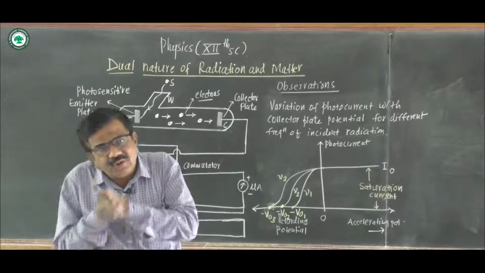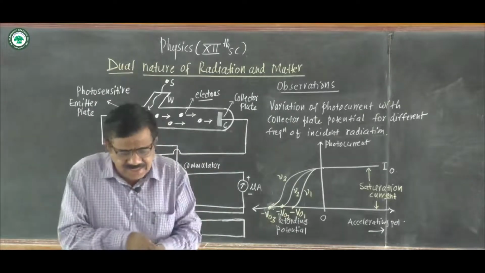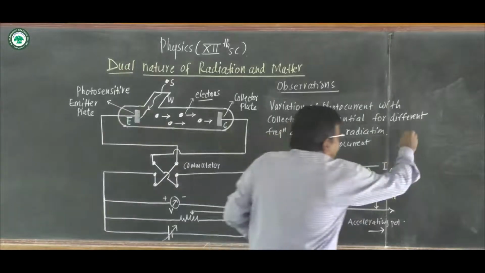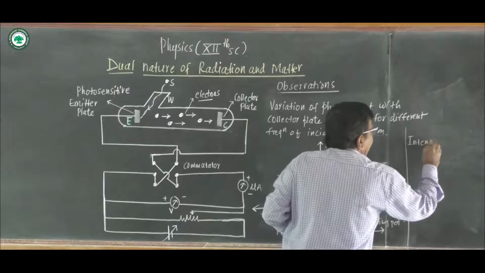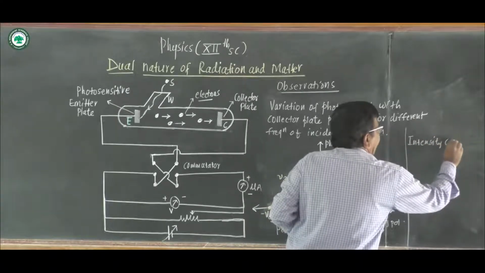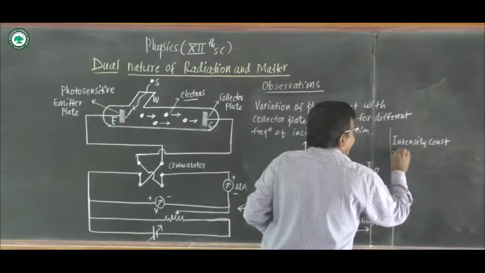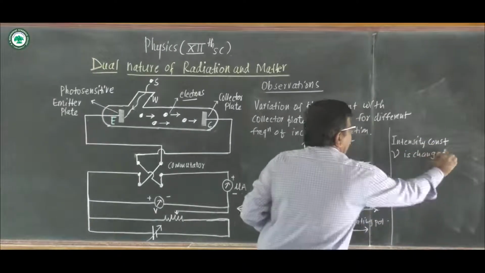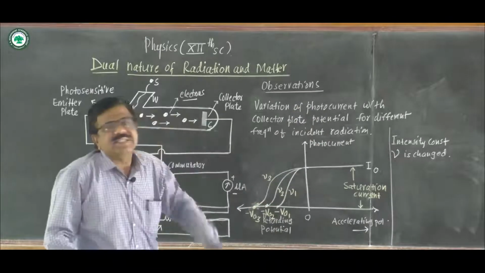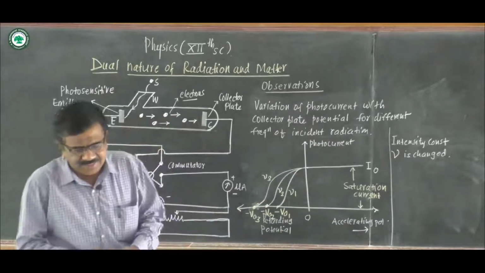One main thing, the intensity of radiation is constant and frequency is changed. These are the different frequencies, nu1, nu2, nu3.